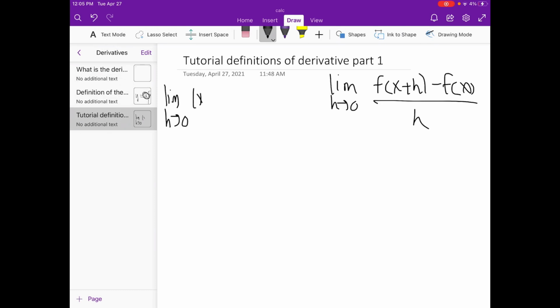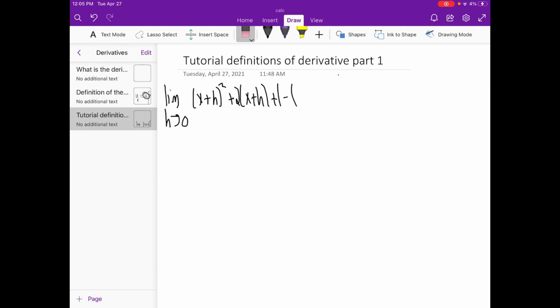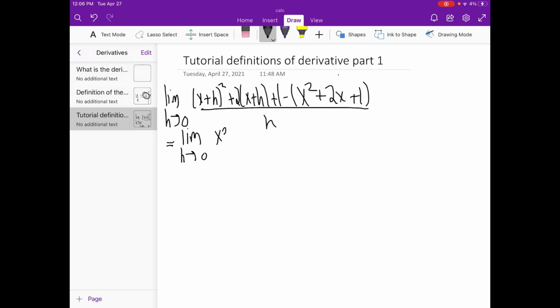So what we had was the limit as h approaches 0 of x plus h squared plus 2x plus h plus 1 minus x squared plus 2x plus 1, all over h. So let's FOIL this out. Not too hard. Again, you gotta rely on those strong pre-calc skills.